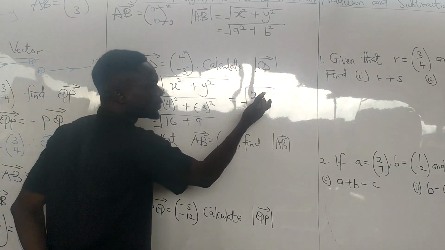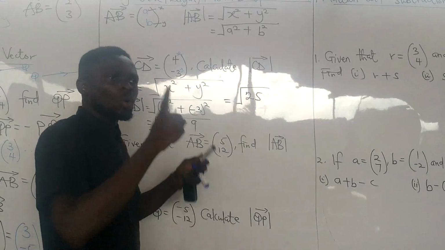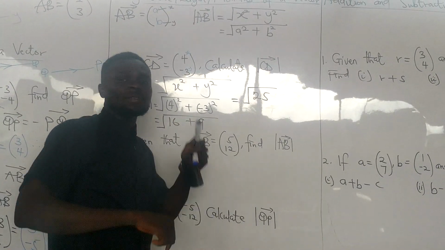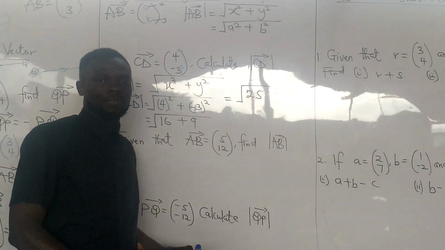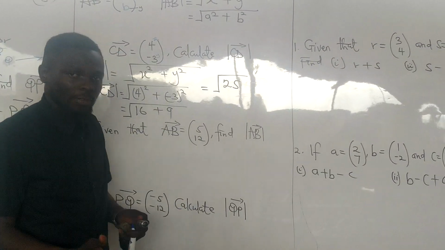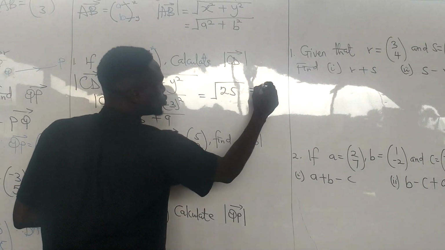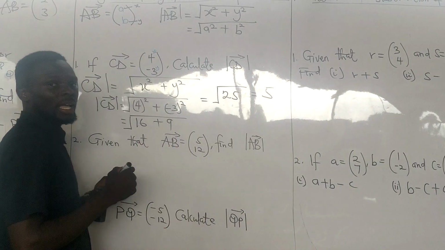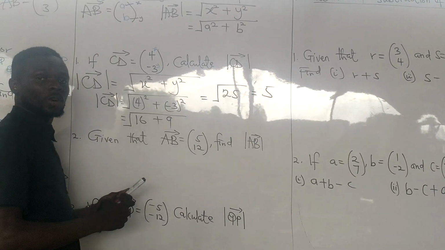Then you ask yourself, what is the square root of 25? Or what number, if it multiplies itself, gives you 25? Since 5 times 5 is 25, the square root of 25 is equal to 5. You have been asked to find the magnitude, the length.